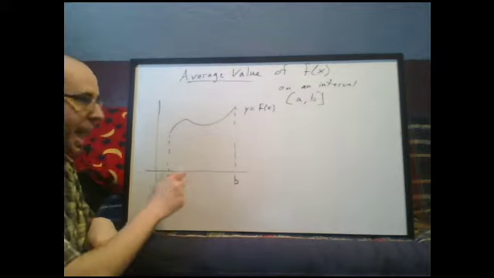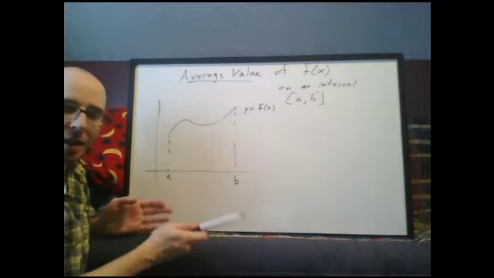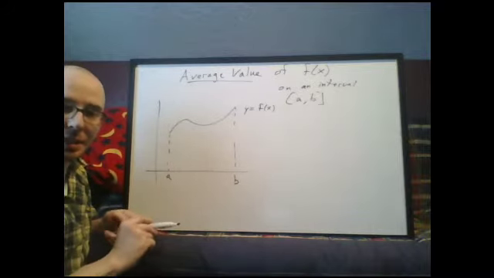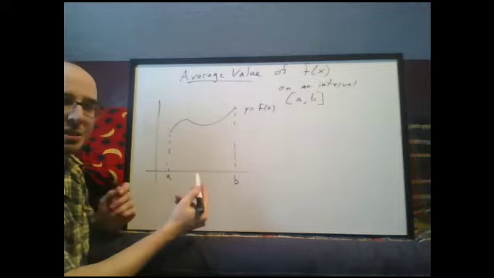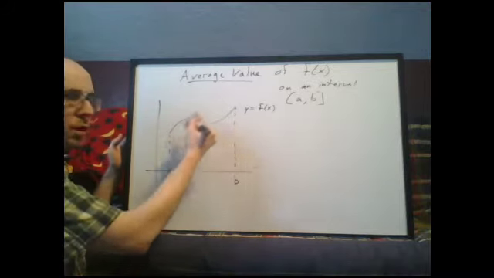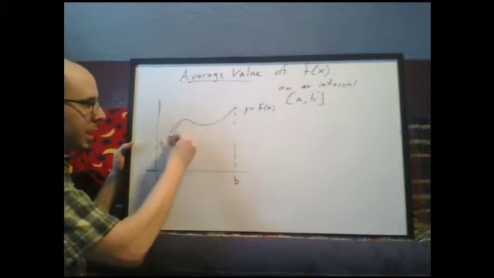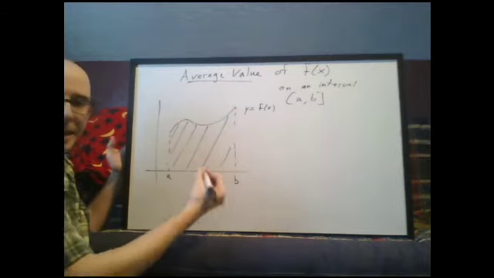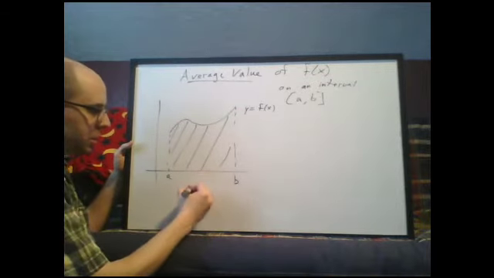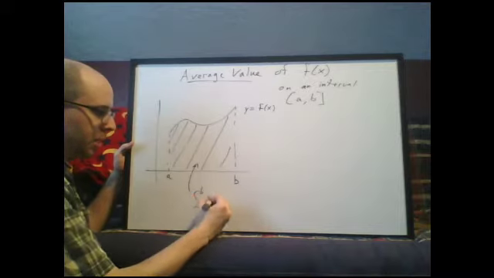So I can't just add up the y values. But the analogous concept to that addition is the area underneath this curve. So if I want the so-called total for this function, the total value accumulated over this interval, that's just the integral. That's the area under the curve, or really the net area under the curve. So this total would be the integral from a to b of f of x.